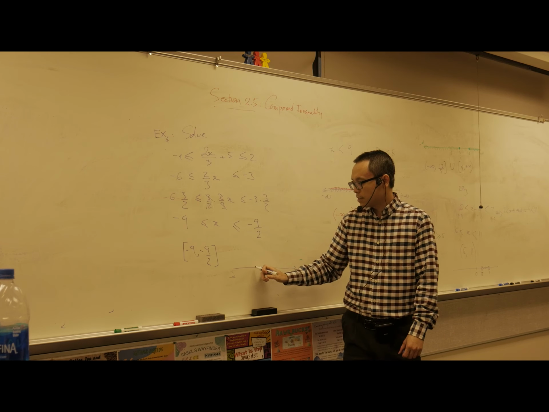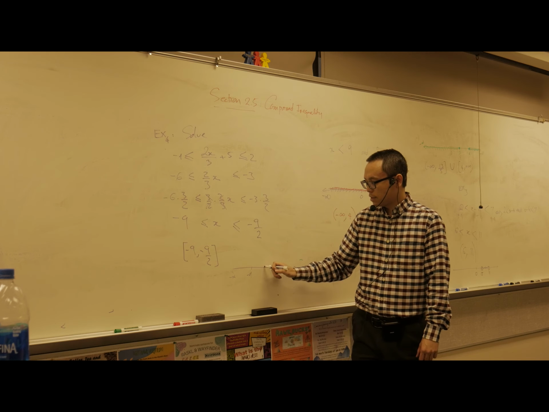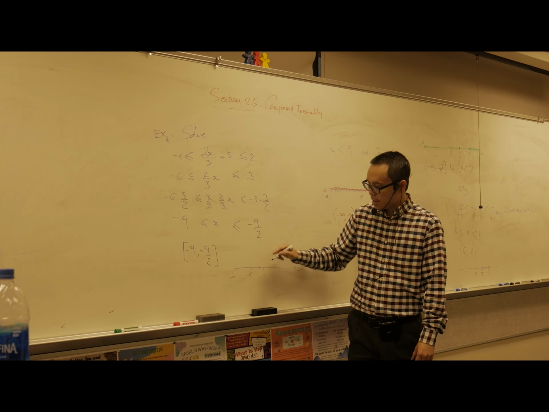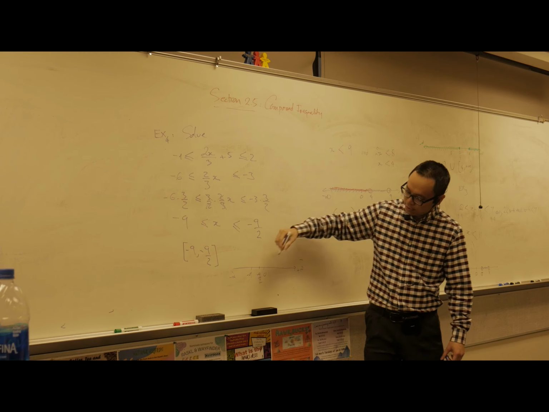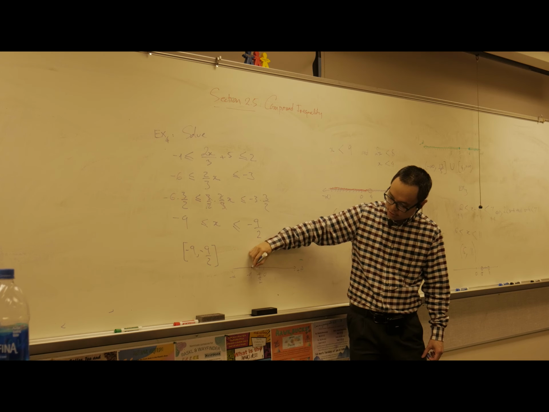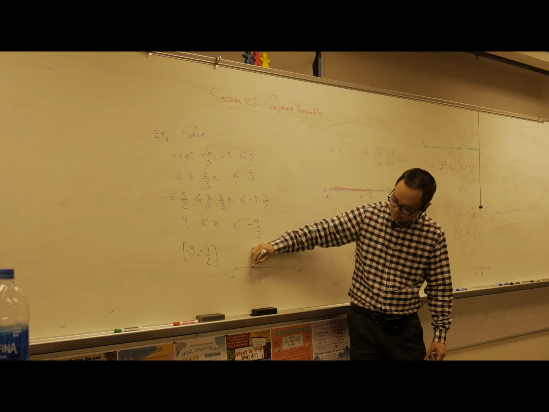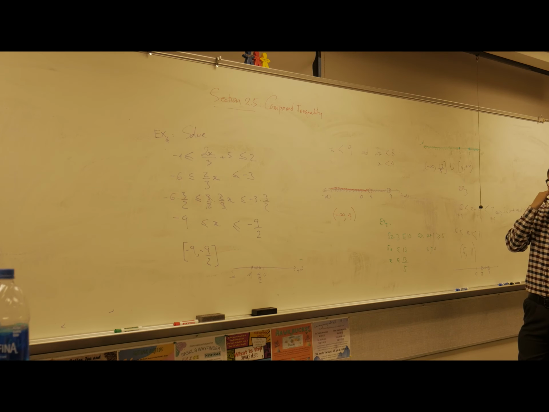Negative 9 is less than negative 9 over 2, so negative 9 here, 0 here, negative 9 over 2 here, and you use the dot, then you shade everything in between.